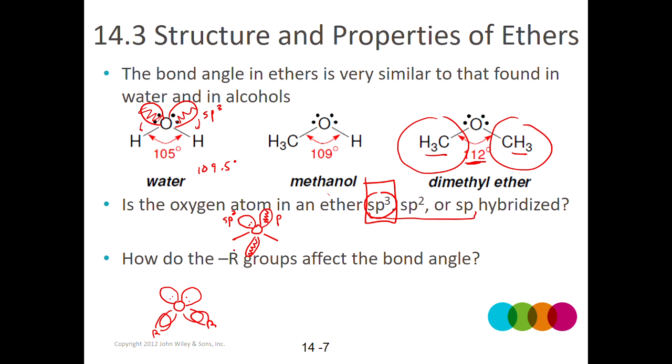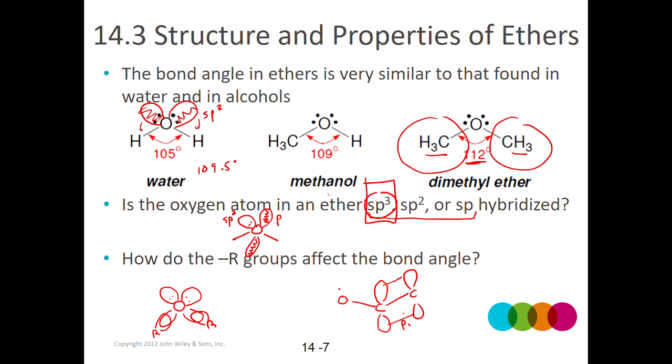So the only time that one of these lone pairs wouldn't be in an sp3 would be if the R group that's attached to the oxygen involved carbons with a p orbital. Right? So if this carbon is part of a double bond, so maybe we have a pi bond here, in that scenario, there could be some resonance.